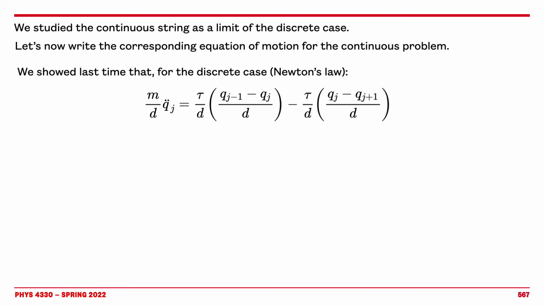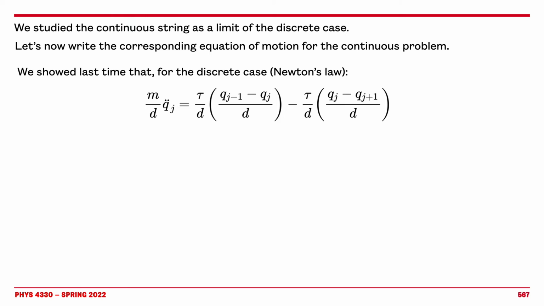So you see this equation is simply on the left-hand side the acceleration times the density, and on the right-hand side we have the forces acting on mass qj. And we have two forces, one that's due to the interaction with the left mass, located at qj minus 1, and the one related to qj plus 1 on the right. So the difference between those forces is the net force on qj.